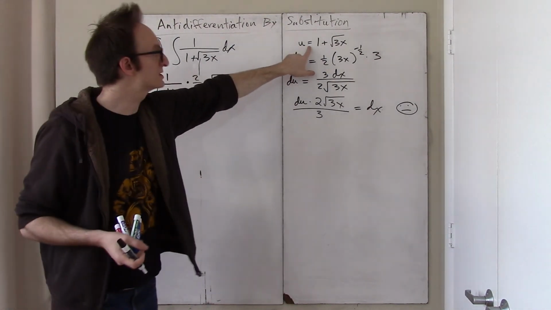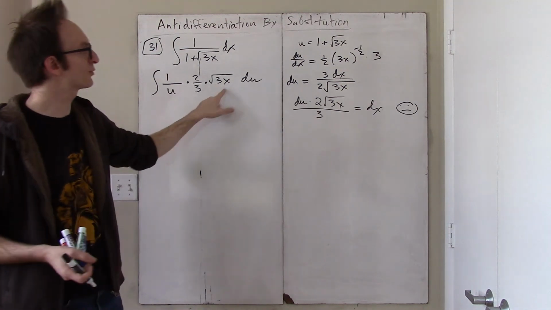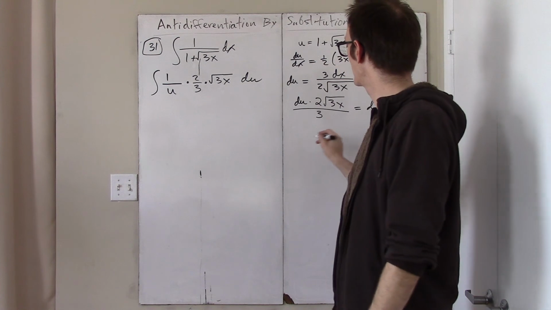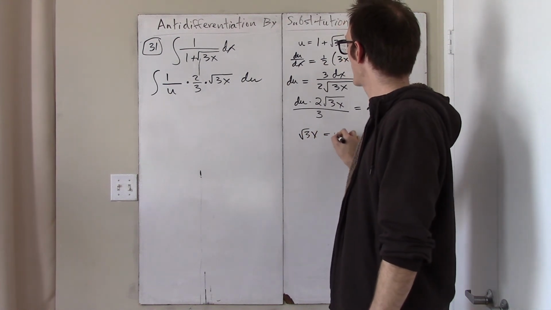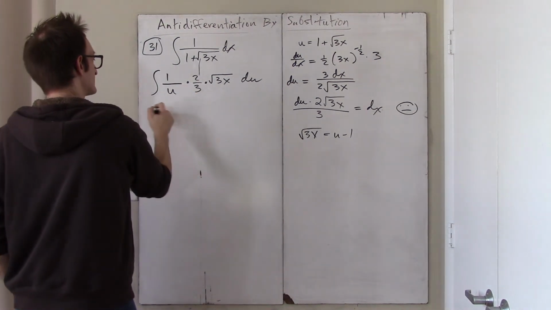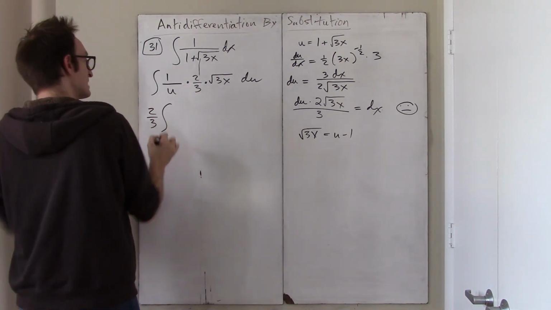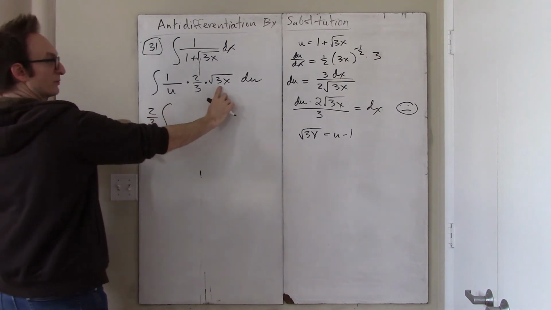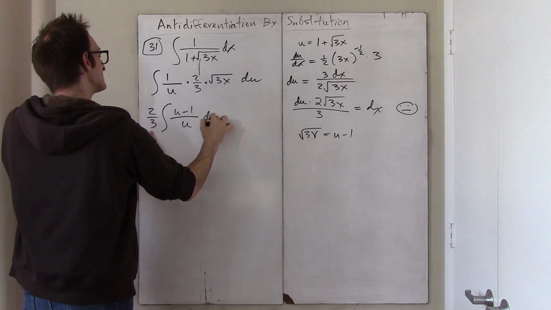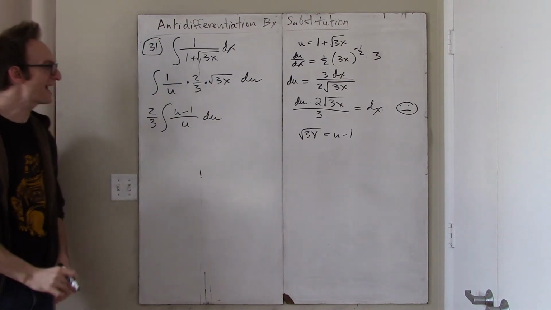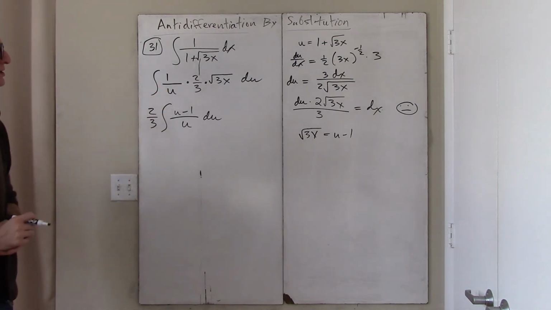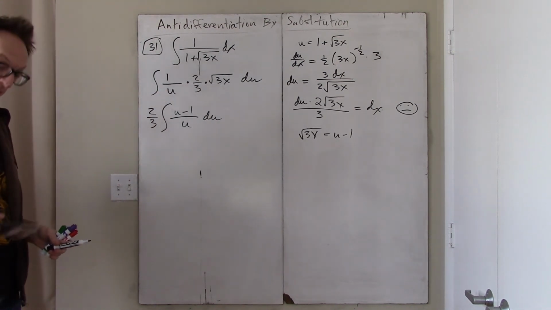I go back to this u and I see that root 3x is just u minus 1. So now I can complete this whole process, because what I get is 2/3 antiderivative, where I just replace root 3x with u minus 1. And like magic, I have converted this problem into one involving just u's, and now this looks very doable.